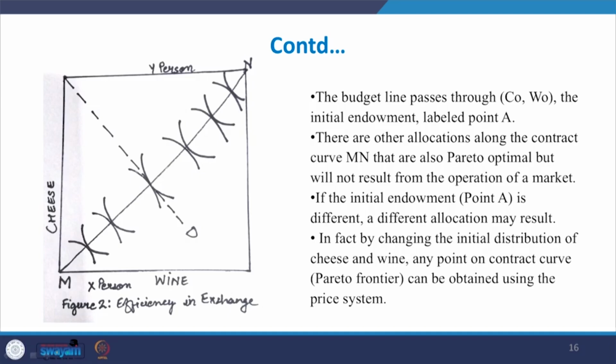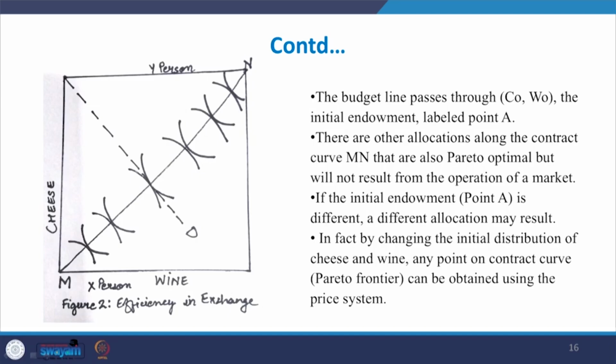So, here AD is the price line, which is determined on the basis of how much money is spent on the two products and the price of cheese and wine. This budget line has a negative slope and is tangent to the indifference curve of both X and Y, and therefore three conditions are met at the equilibrium point.